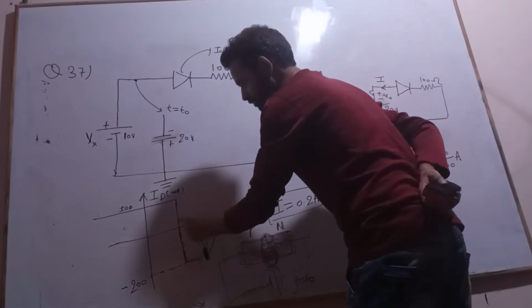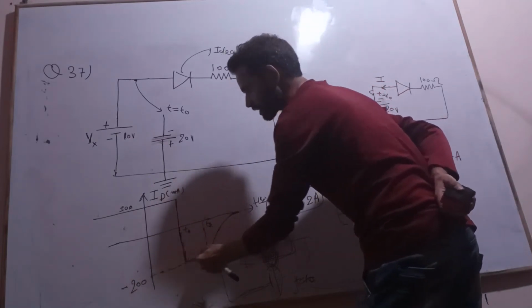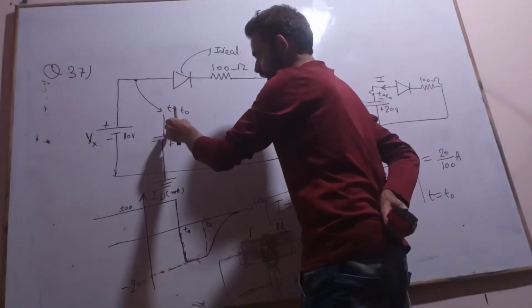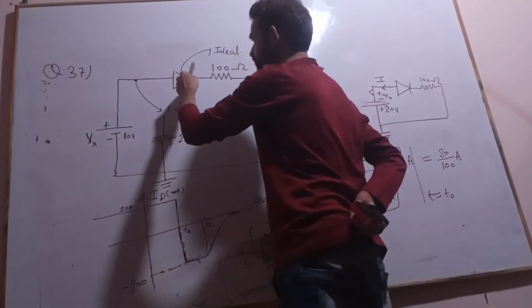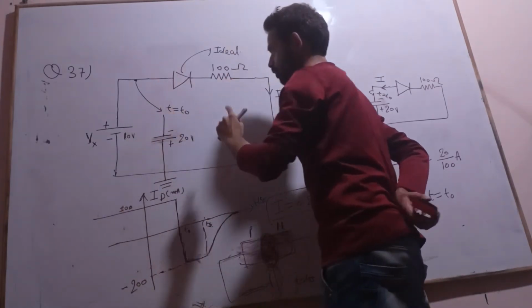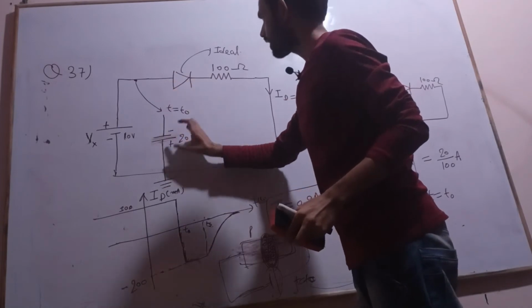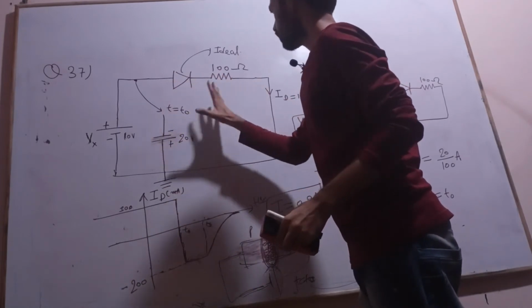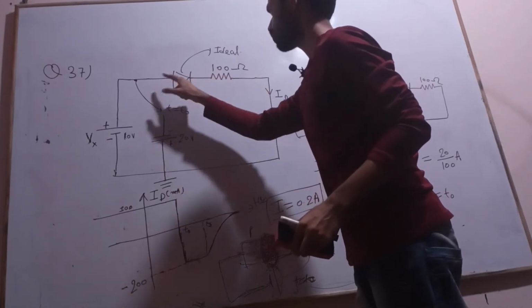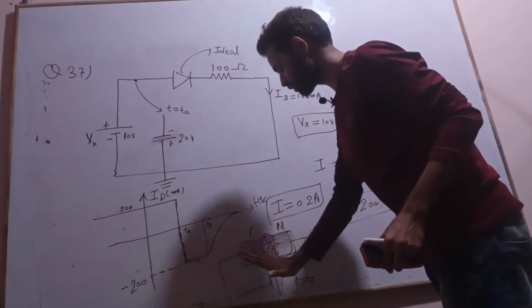That much amount of time this current will flow. For that amount of time, 200 milliampere of current will flow through this diode. Okay, why?